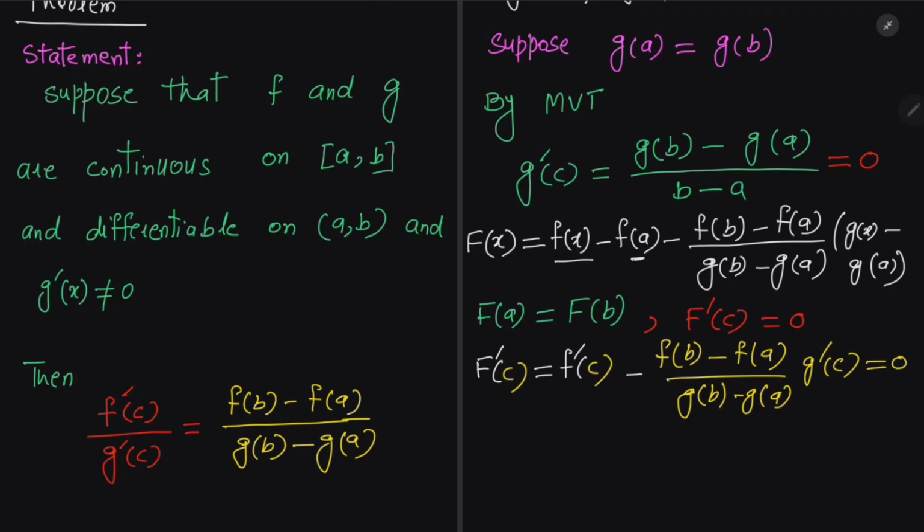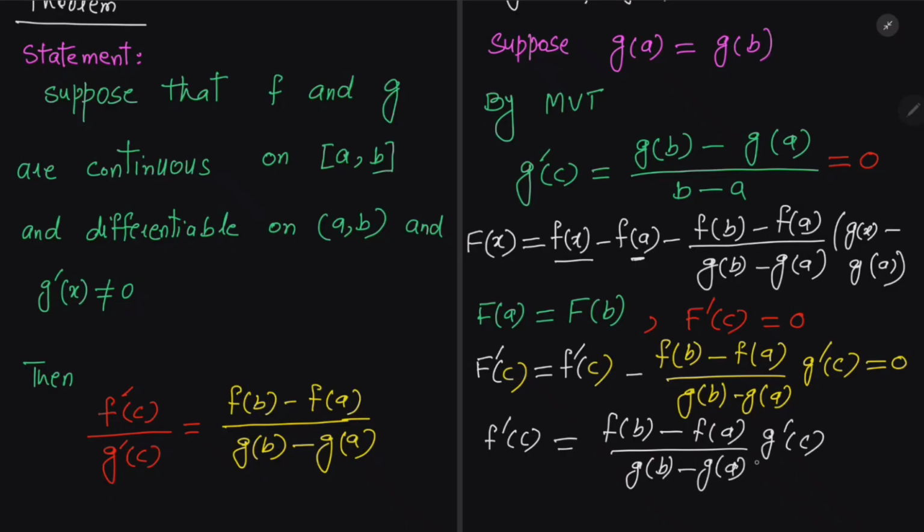After some manipulation, we can write it as f dash C is equal to (f of B minus f of A) divided by (g of B minus g of A), times g dash C. Dividing both sides by g dash C, this will be cancelled out.